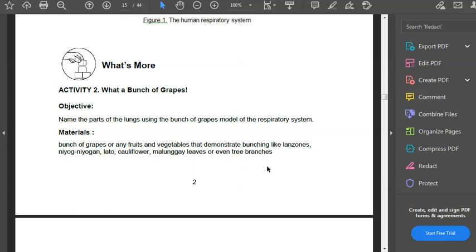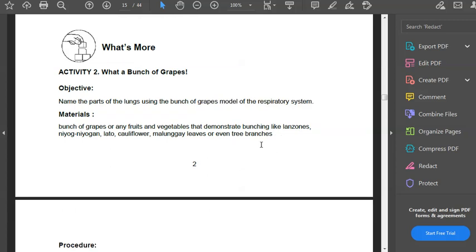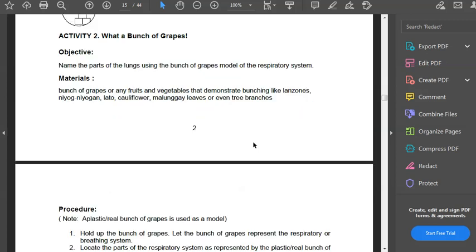For example, 1 bunch of lanzones, nyog-nyogan, lato, cauliflower, malunggay leaves, or even 3 branches. So, tingali, ang pinaka-duol yun, or pwede na to makuha kay ang malunggay leaves.